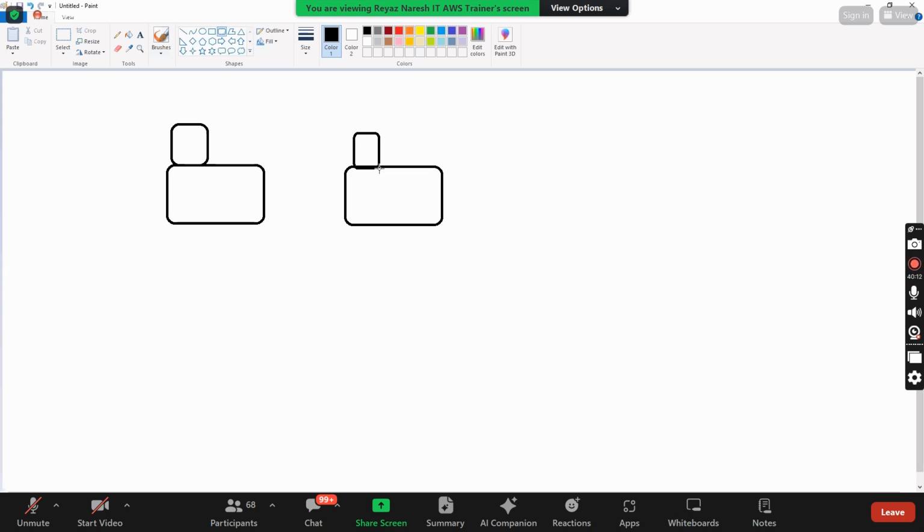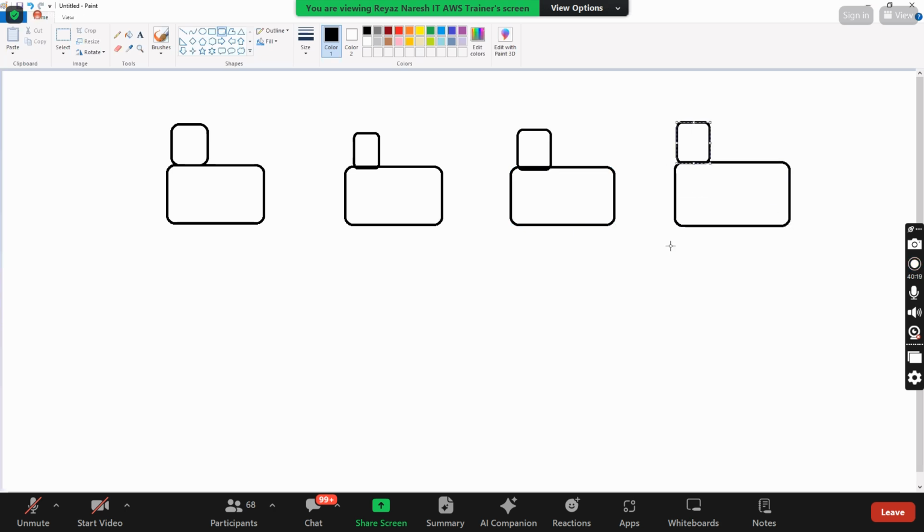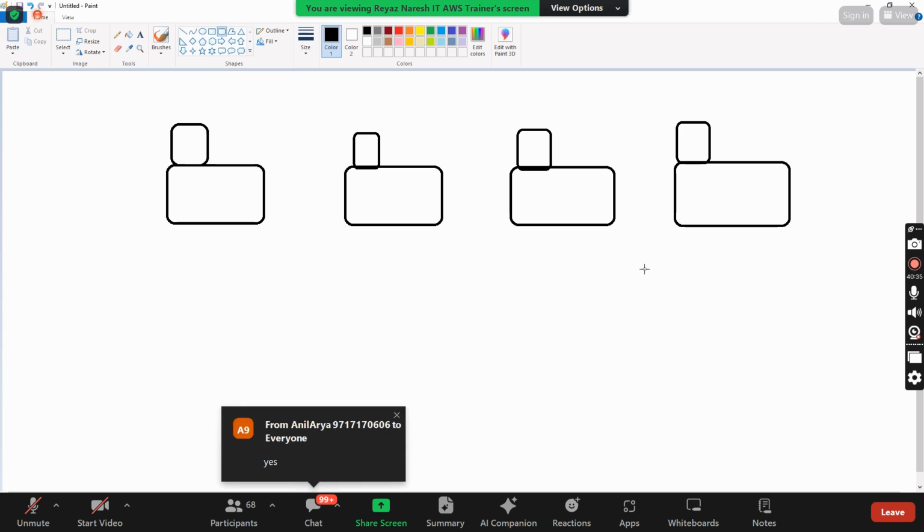Nice ships, no? Super. Generally, when we draw a diagram, we draw a ship like this. Have you been on ships? Have you traveled? No? Okay, no problem.